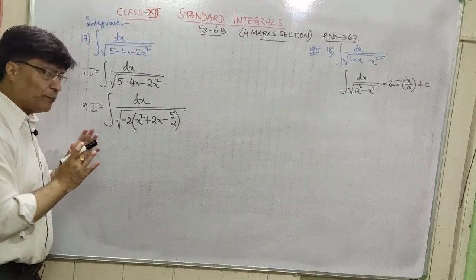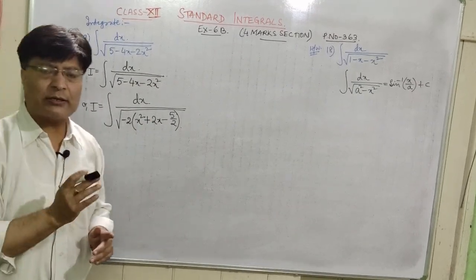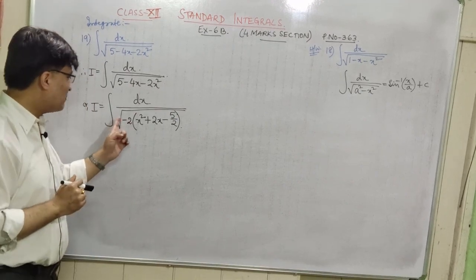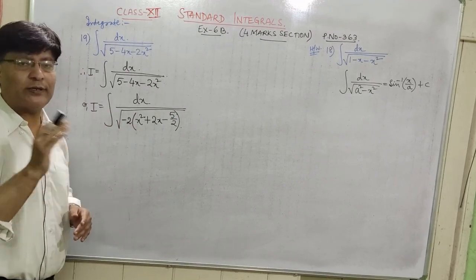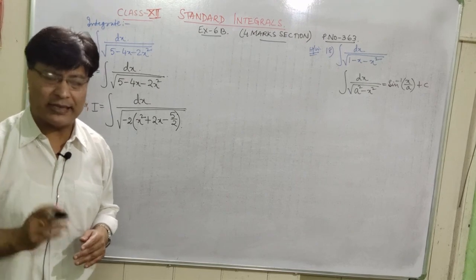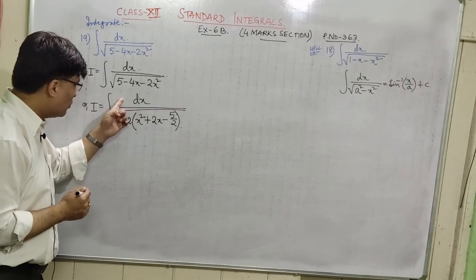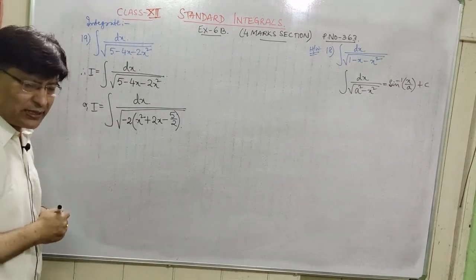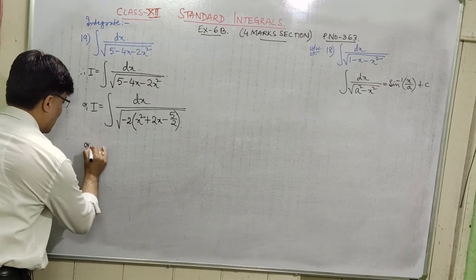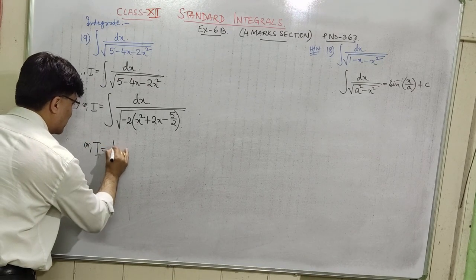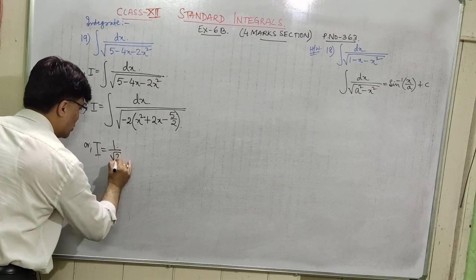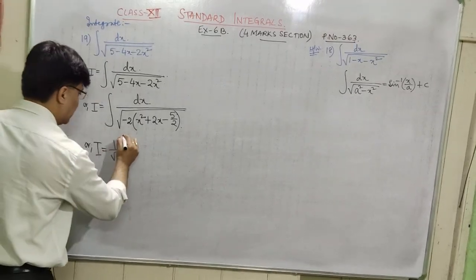Okay, so now which constant here can you take outside? You can't take this minus 2 outside because root over a negative number is always imaginary, that is undefined. So let us take only 1 by root 2 outside the integral sign. Now I is equal to, you can take only the 1 by root 2 constant outside the integral sign.